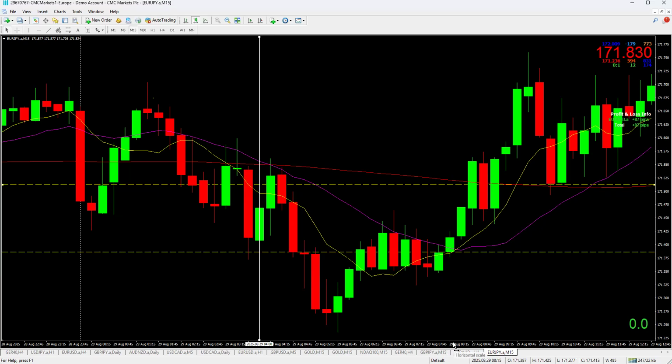Yes, that's just to make things clearer. The least I go for is 1-to-1. And if I'm going for 1-to-1, it would usually be the case that I take multiple entries at this entry. So it's not just a case of taking one entry here and waiting for a color change again to take another entry.